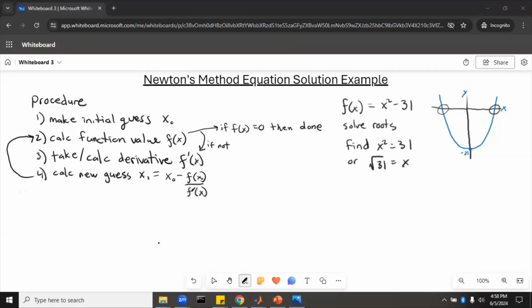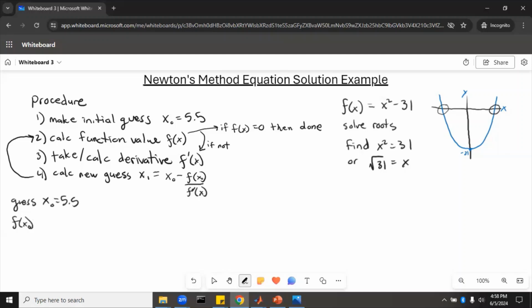So we'll start out with x initial equals 5.5. Now we can calculate the value of the function f of x.